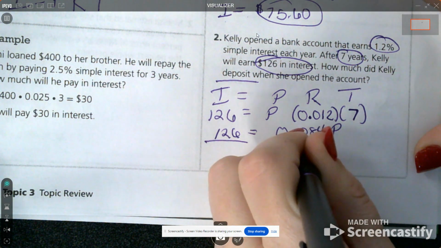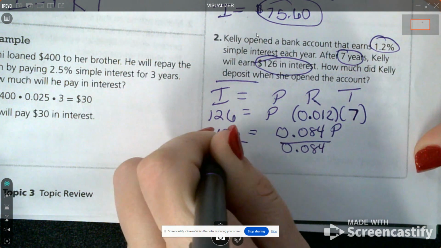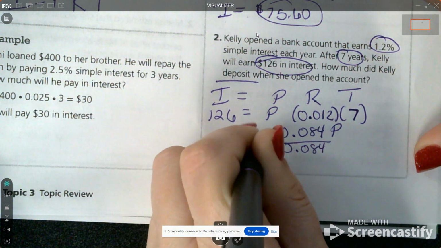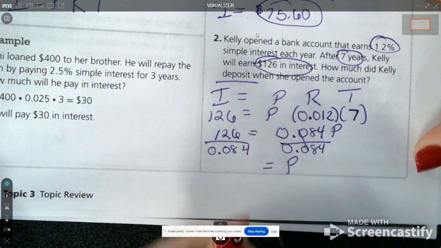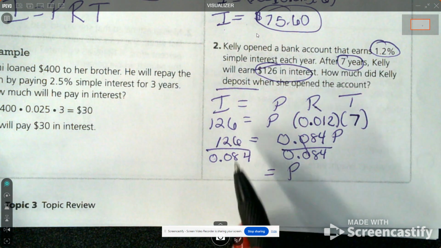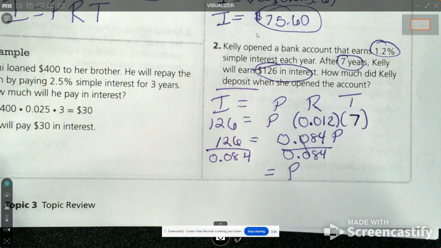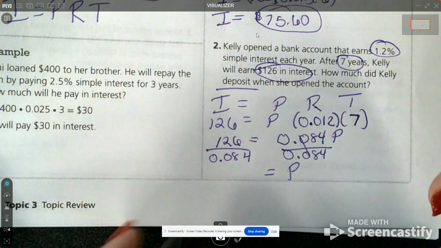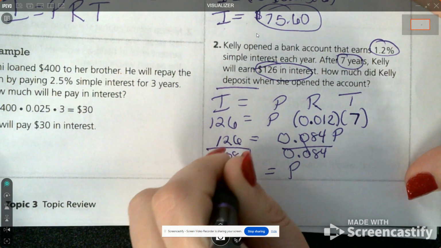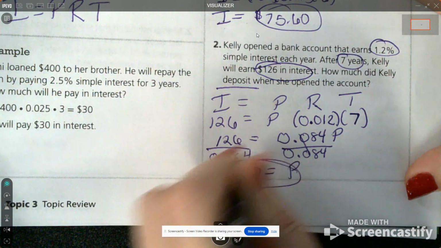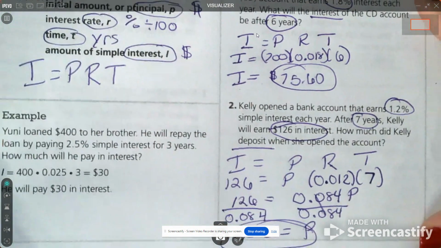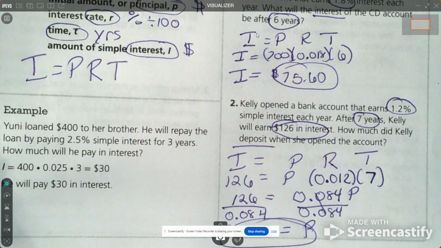So I'm going to divide by 0.084 on both sides. So that tells me P equals how much? What's 126 divided by 0.084? Jordan? That's my answer.